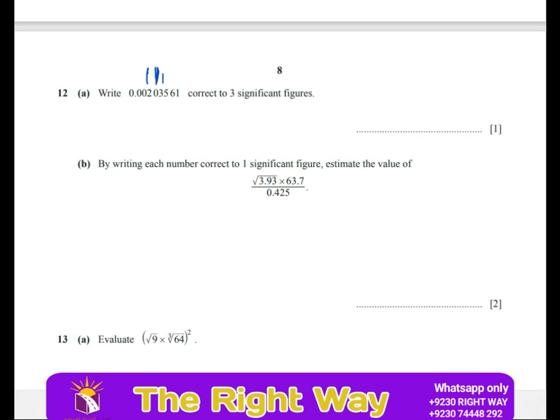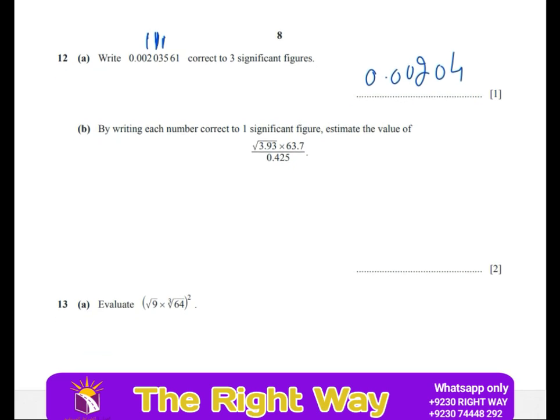And the 3 is the third significant figure, because after 3 we have 5 and after 5 we have 6. So we are going to write it as 0.00204. Due to the 5, the number 3 will increase to 4.